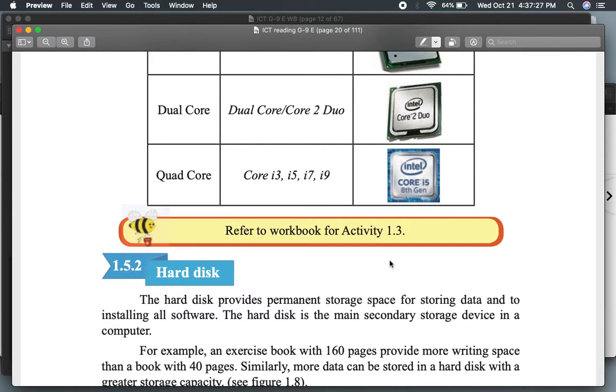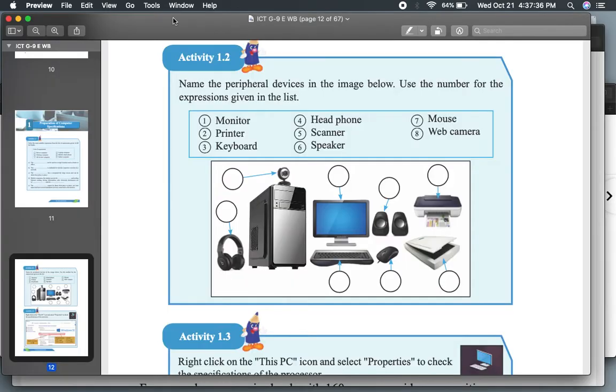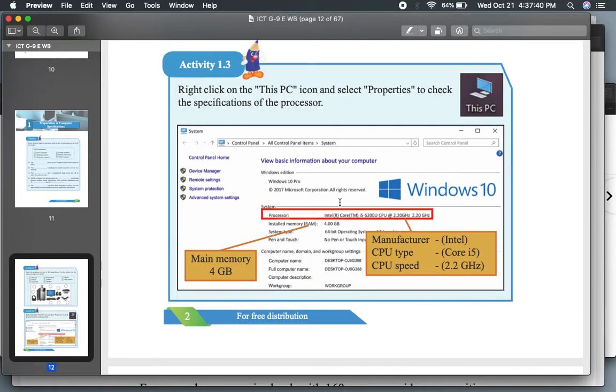Then we have an activity. Let's go to the workbook and look at activity 1.3. Right click on this PC icon and select properties to check the specifications of the processor.